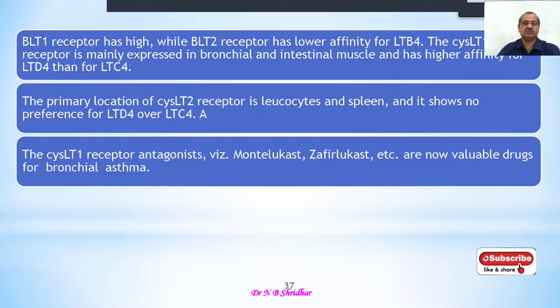The LT1 receptor antagonists, Montelukast, Zafirlukast, etc., are now very valuable drugs in bronchial asthma. In asthma patients, the antagonists of the LT1 receptors, namely Montelukast and Zafirlukast, are the classical examples of this category.